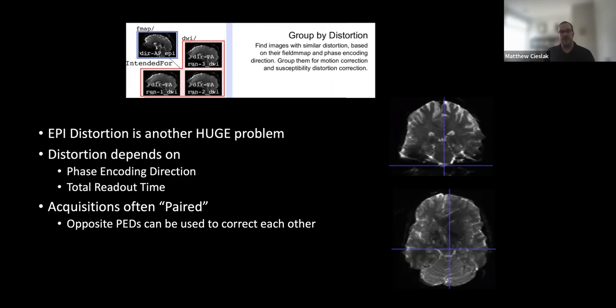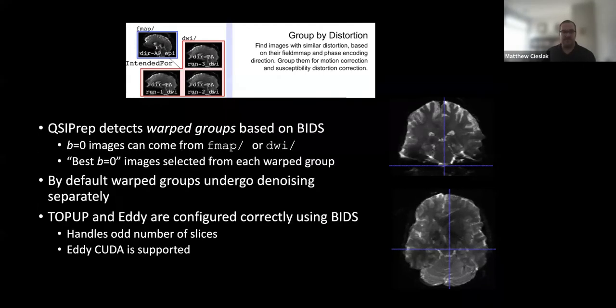So the original BIDS assumed that there would be something in your field maps directory that would be used to correct your diffusion scans, and that's not always the case. So by directly grouping scans into warped groups, we get around that issue with BIDS, and it puts us in a good position to figure out what sort of distortions are available in order for us to estimate the EPI distortions, which happens later on.